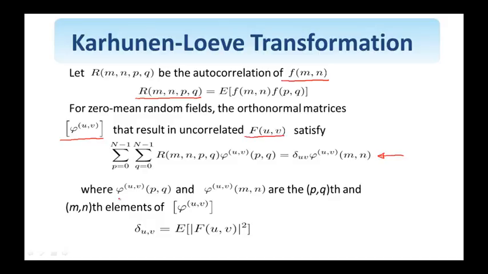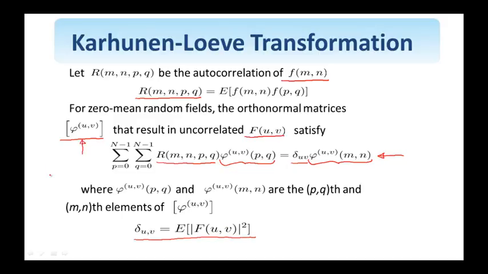What this equation tells us is that these orthonormal bases are the eigenfunctions of the autocorrelation function. And this delta uv is simply the expected value of the magnitude of the coefficient squared.